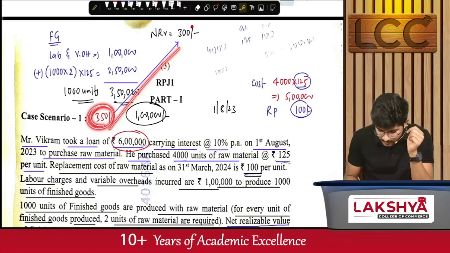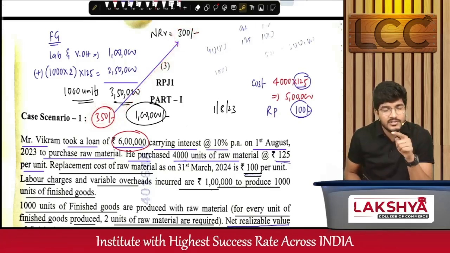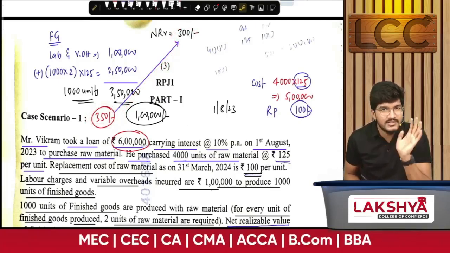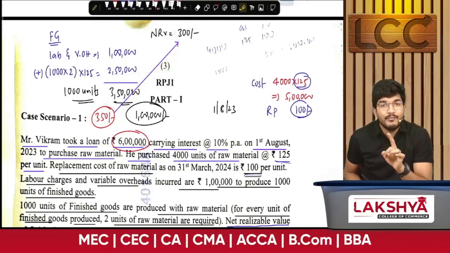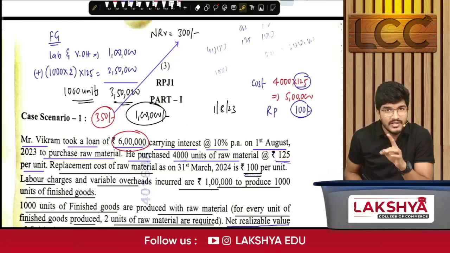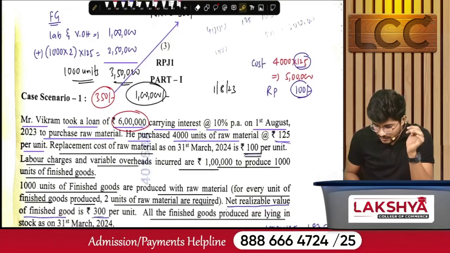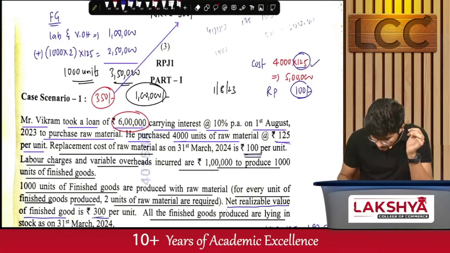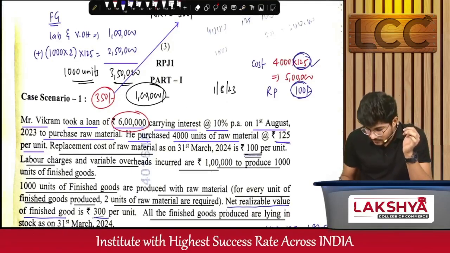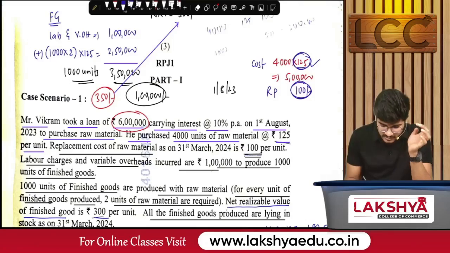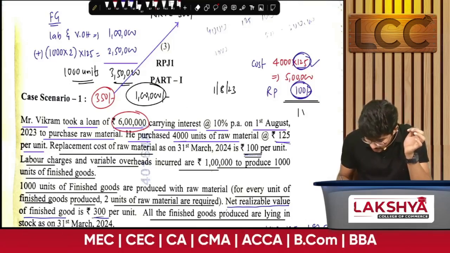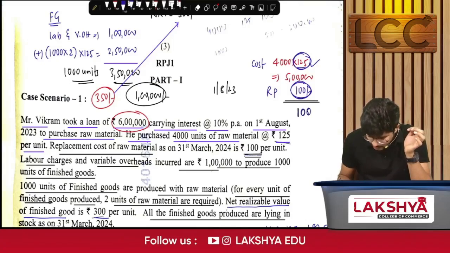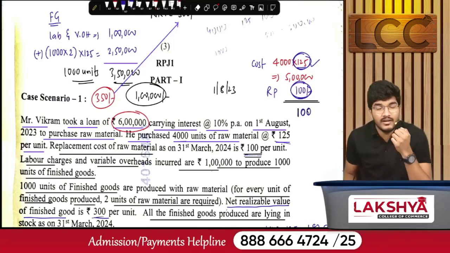But if you observe, NRV of the finished good is 300. That means the finished good is selling at a price lower than cost. In such a case, we should compare cost and replacement price, whichever is lower. So raw material shall be valued at cost 125 per unit or replacement price 100 per unit, whichever is lower. That means here we should consider 100 rupees per raw material.